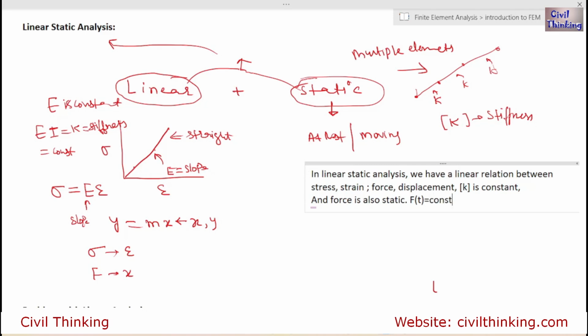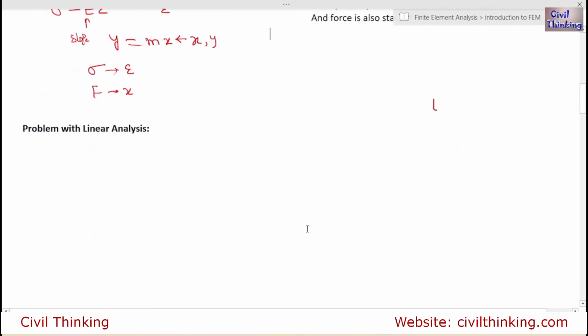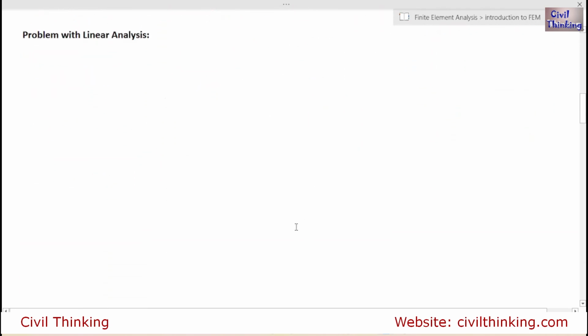It is constant, because that is the condition of static. So when we have such a condition in an analysis, we call it linear static analysis. Now we can go much deeper into it, but I think it is enough as we are just introducing it. So let us come to another topic now.